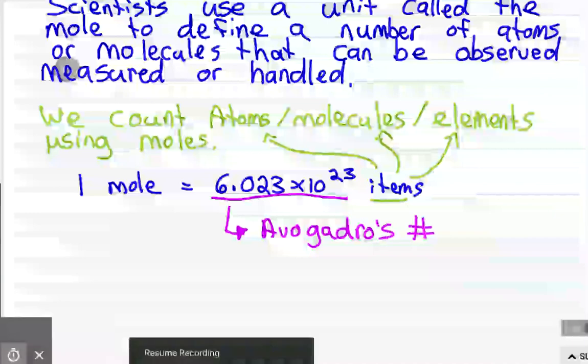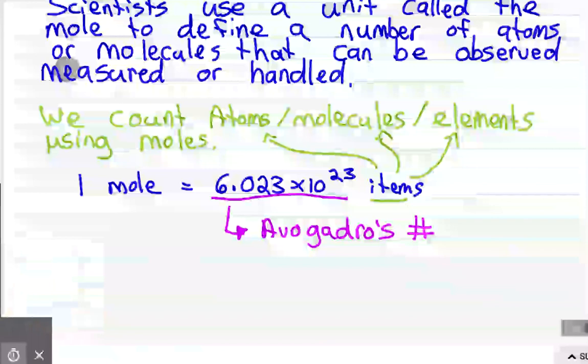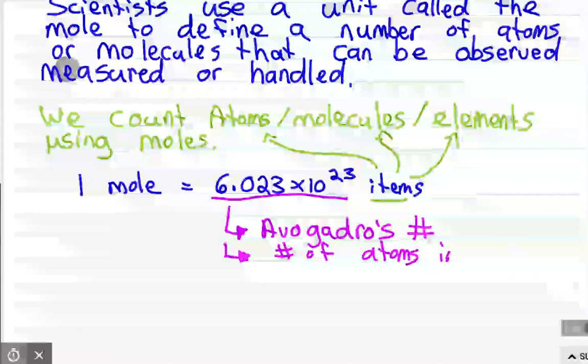So this number, Avogadro's number, was figured out by this guy named Avogadro. And what he determined is that this 6.023 times 10 to the 23 is exactly the number of atoms in exactly 12.000 grams of carbon-12.